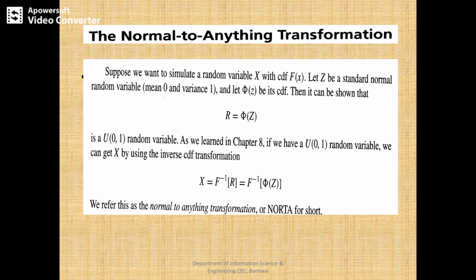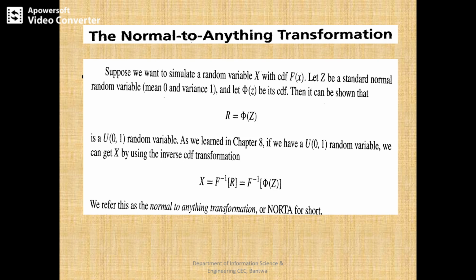Whatever we need, we can transform from the normal distribution, to uniform or inverse or whatever. Actually the NORTA approach requires evaluating the standard normal CDF phi of z and the inverse CDF also. There is no closed form expression for phi of z, and no closed form expression of F inverse of R for many distributions.